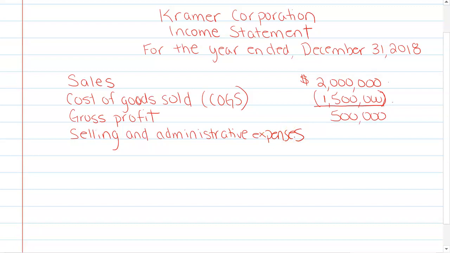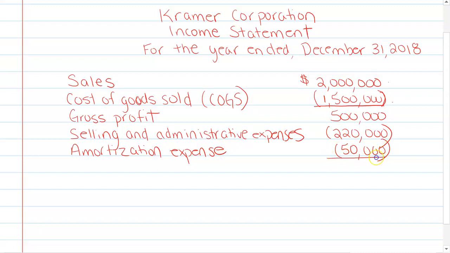And we'll just assume that that comes to 220,000. And then we have our amortization expense. And let's just say that's 50,000.